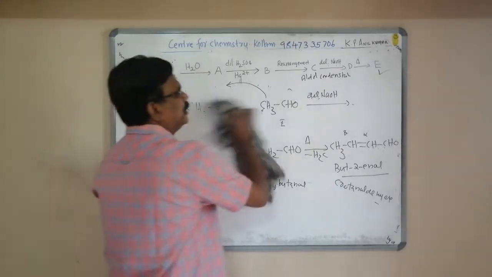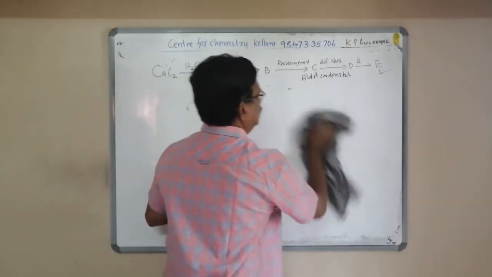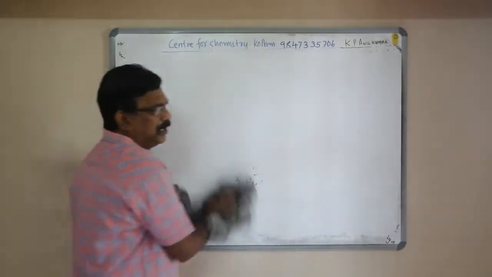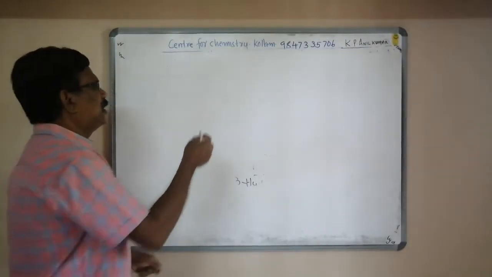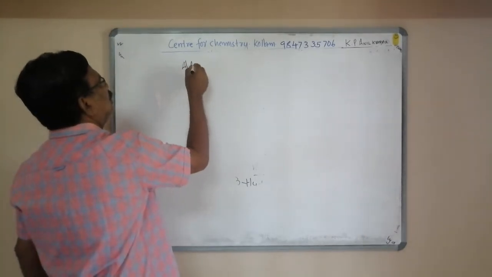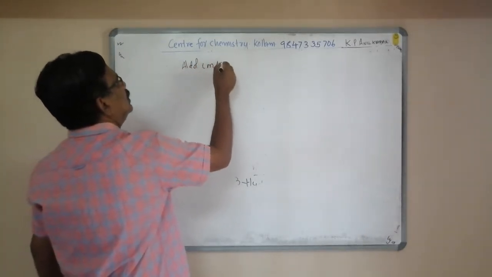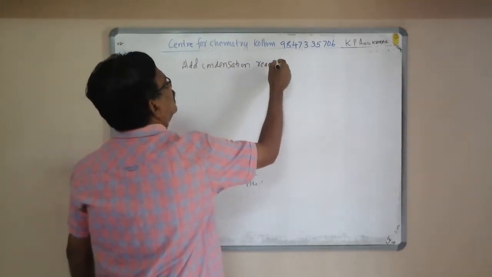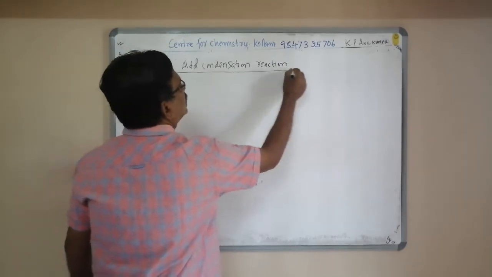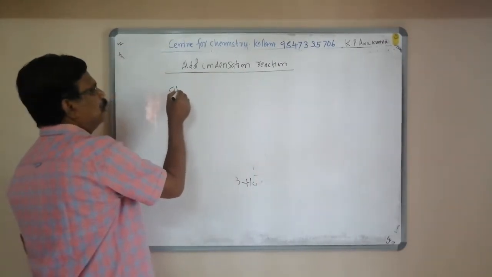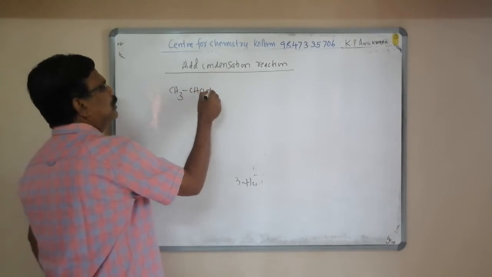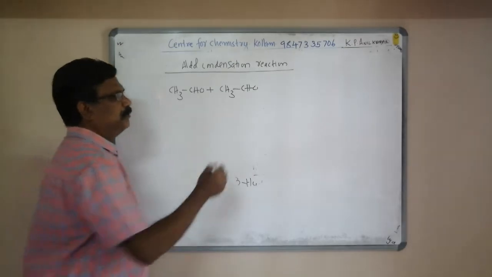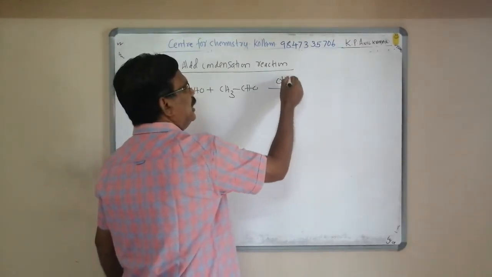We can check the mechanism of this reaction. So, aldol condensation reaction. Aldehydes containing a minimum of one alpha hydrogen atom, here three alpha hydrogen atoms, undergo condensation in the presence of a dilute alkali.